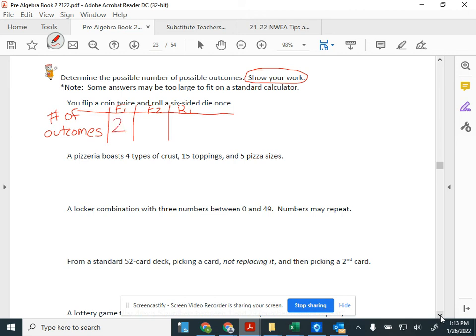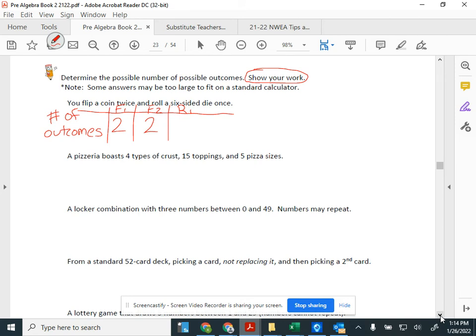How many from flip 2, Owen? 2. How many possible outcomes when I roll the die? I'm going to roll that dice and I only have one option? Think about it. How many sides are on that dice, Paul?